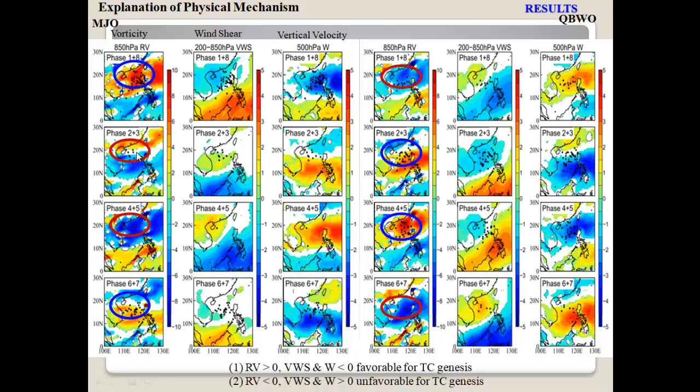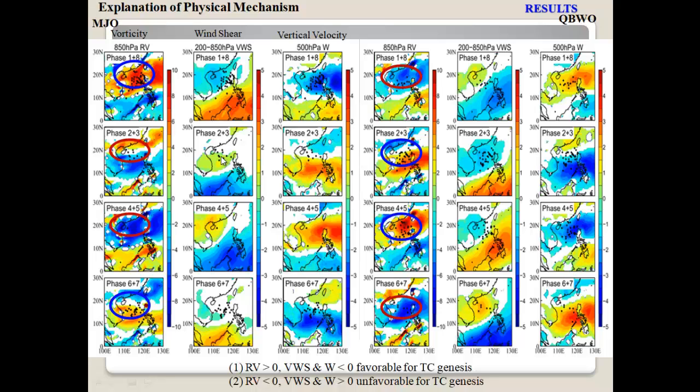In contrast, the inactive phase of MJO is phase 2, 3, 4, 5. It's a weak phase of MJO. We have less TC genesis because we have low relative vorticity in blue color, negative, and vertical wind shear is high in green and yellow color, and we have downdraft, where the positive value is downdraft.